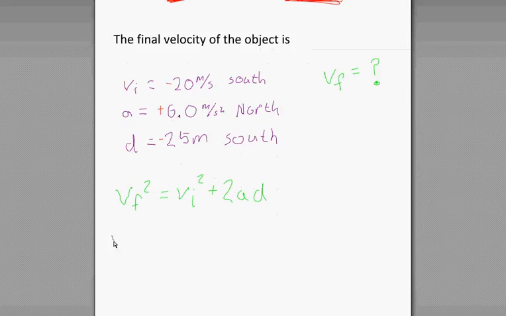So you're going to say VF squared equals parentheses -20 meters per second quantity squared plus 2 times +6.